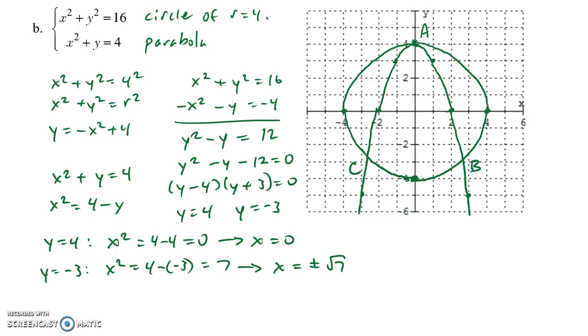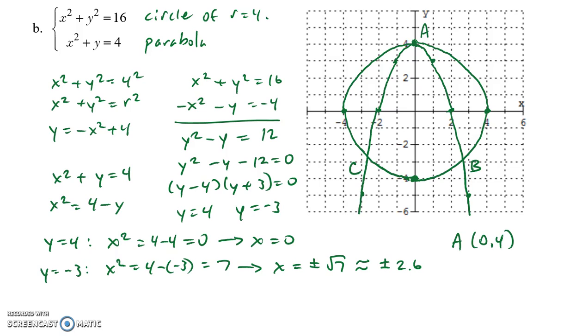So it would appear that the x-coordinates corresponding to solutions B and C involve irrational numbers, the square root of 7 and negative square root of 7. Just so you are aware, the approximate value of the square root of 7 is about 2.6. So we'll see how that corresponds to our graph. Keep in mind that I did that by hand, so it may not be entirely accurate. But what we have shown is when y is 4, x is 0, that corresponds to point A, and that would be the ordered pair 0, 4.